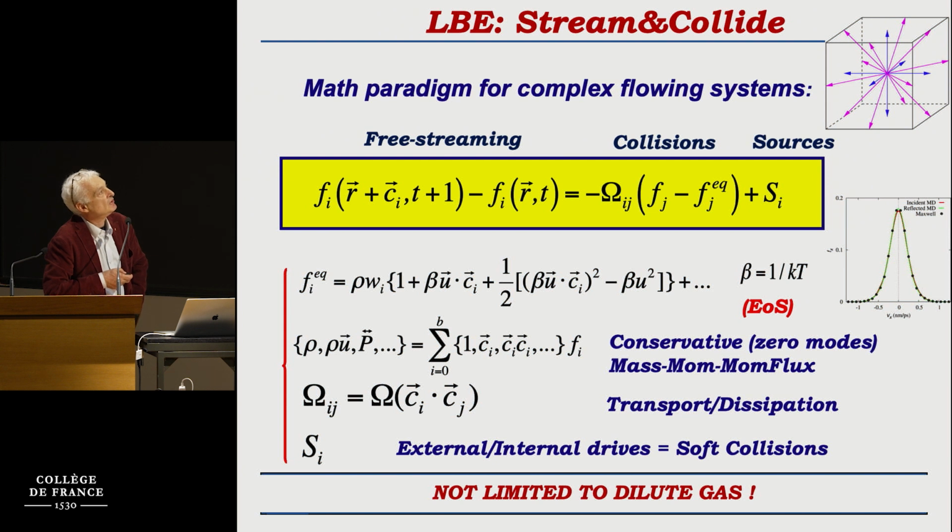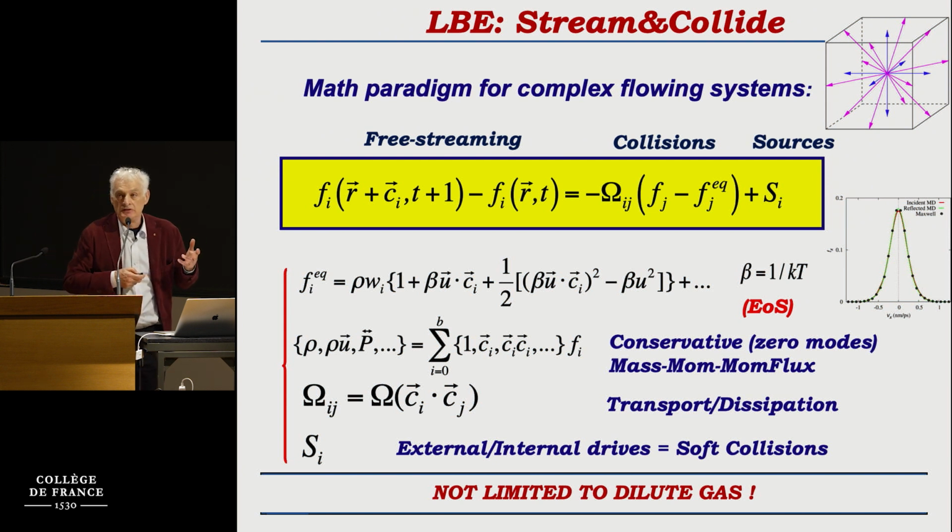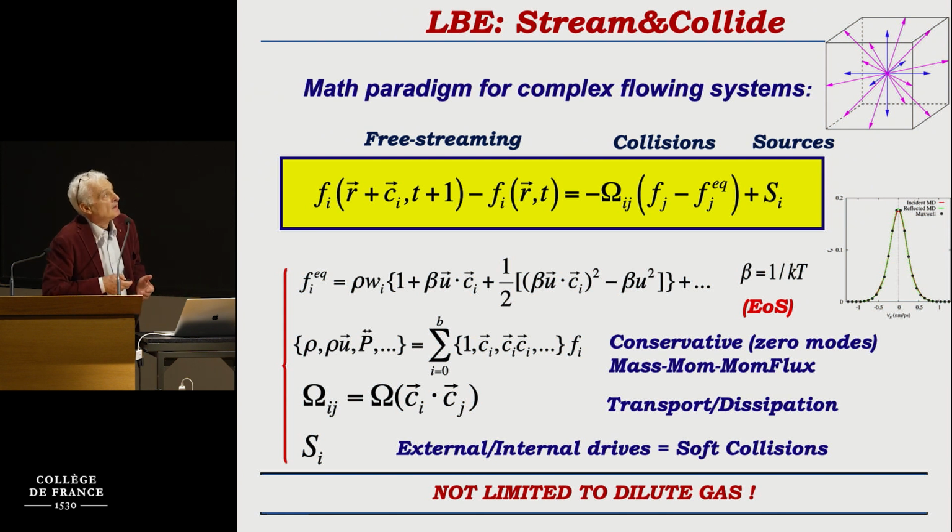Collisions are relaxation, and most importantly, if you have external forces, and that's really crucial to what we are discussing today. External forces could be as simple as gravity, but could be forces which depend on the density configuration of the fluid, density functional theory. Basically, they enter the scheme by biasing. If I have, for instance, a wind blowing in this direction, there will be a bias for the populations which go with the flow.